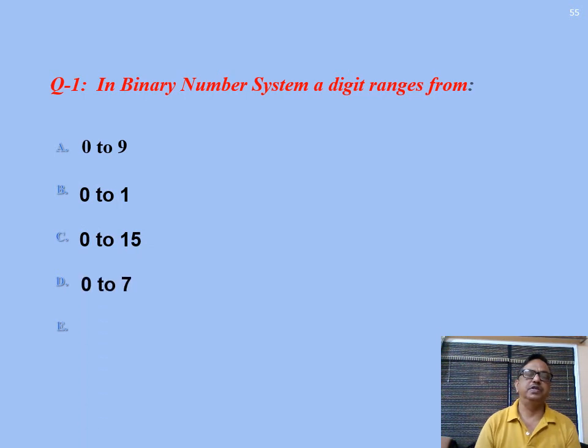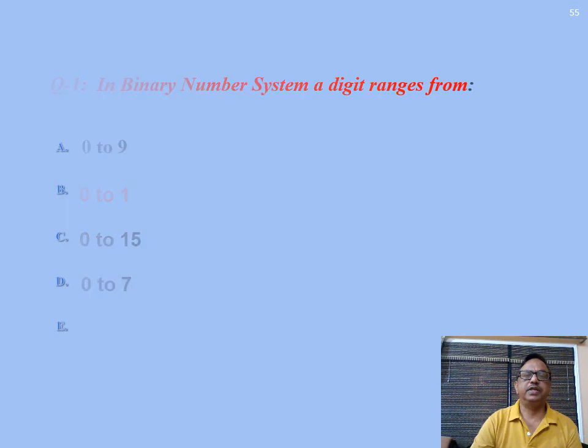The first option is 0 to 9, the second option is 0 to 1, the third option is 0 to 15, and the fourth option is 0 to 7. As we know very well, in the binary number system, the radix or base is 2. There are only two distinct symbols. So in the binary number system, the digit ranges from 0 to 1 only. So the answer of this MCQ is obviously B.